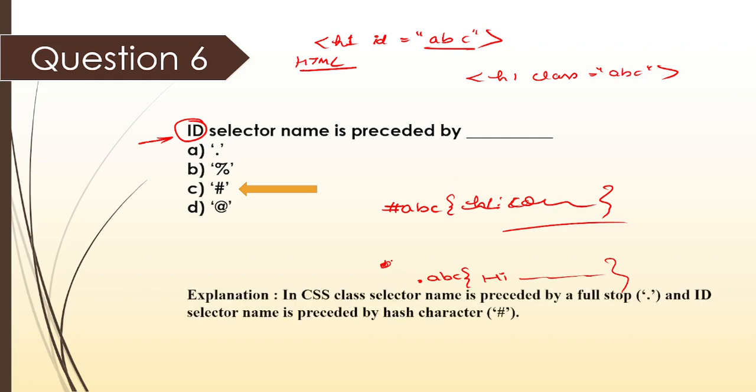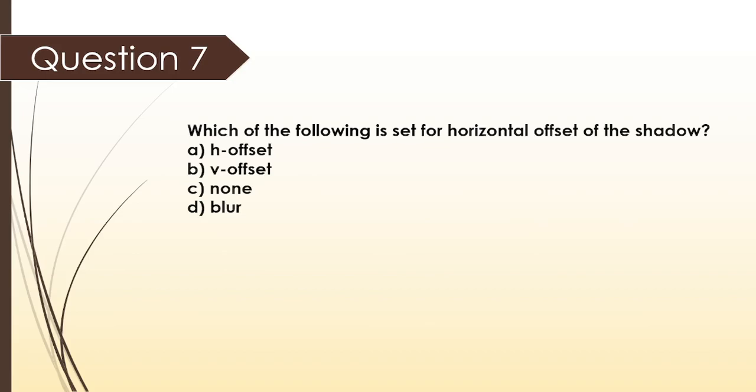Next question. Which of the following is for the horizontal offset of the shadow? If you want the horizontal offset of a particular shadow, then you can use H offset. This is a very simple question. H means horizontal.